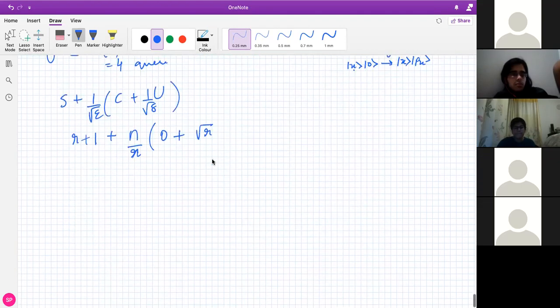And the update cost was constant, so I'm just going to ignore it. So we have r plus n by root r, right? This is my complexity.